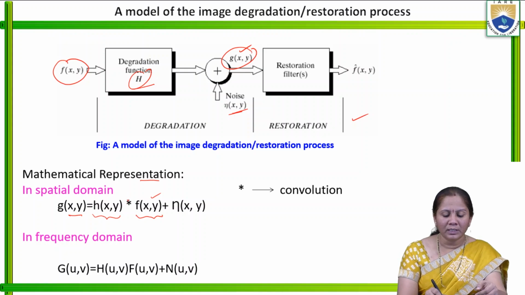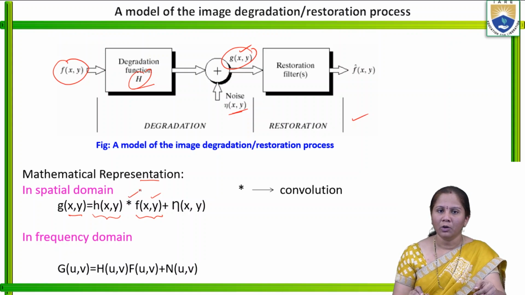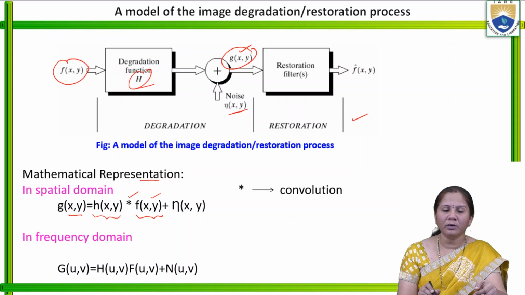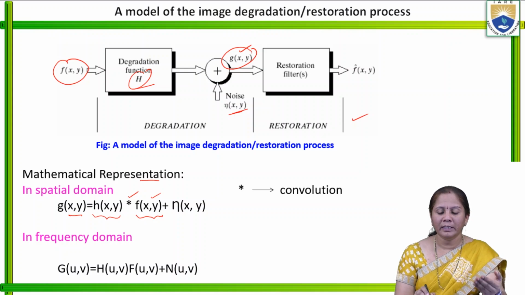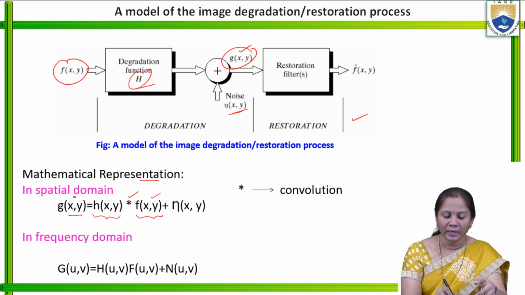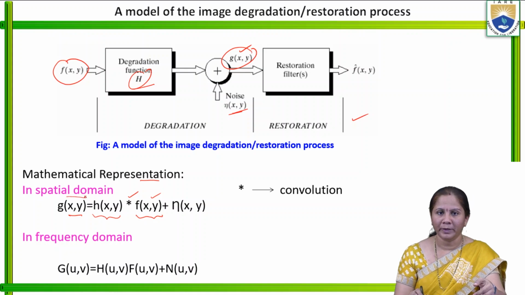Here the symbol represents the convolution operation. This is how we represent the degraded image g of x comma y in the spatial domain.